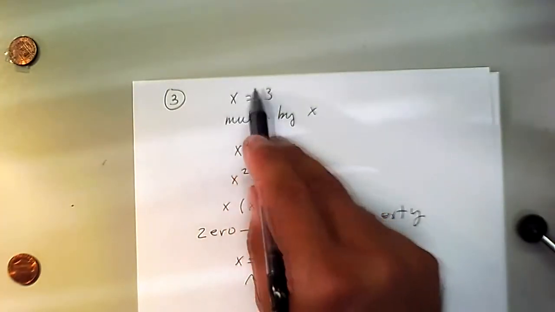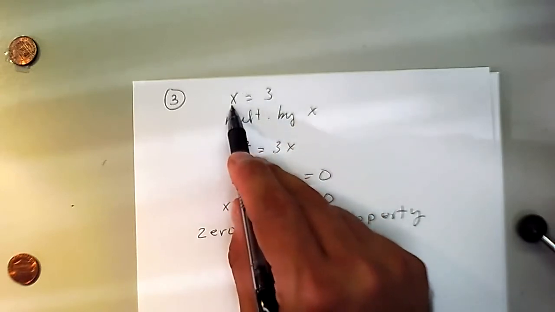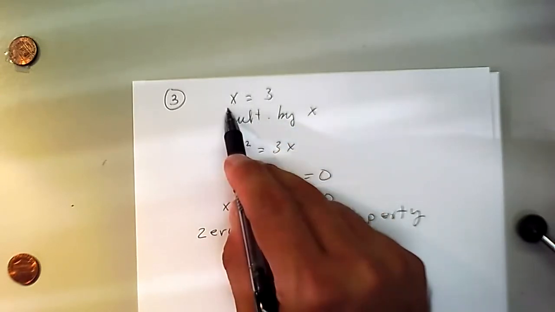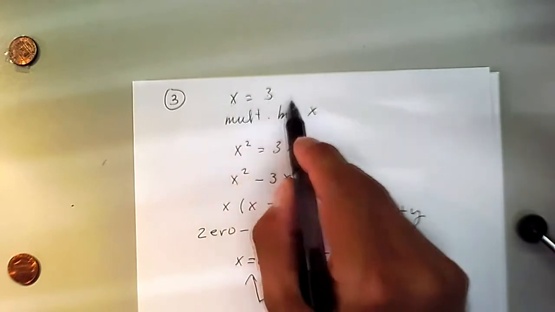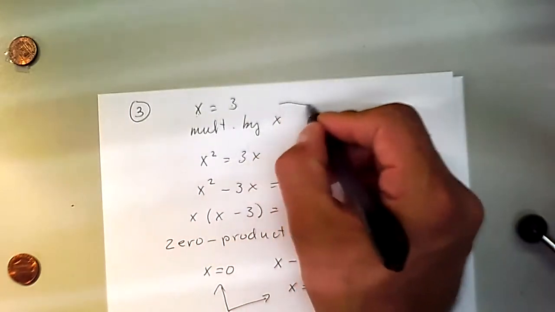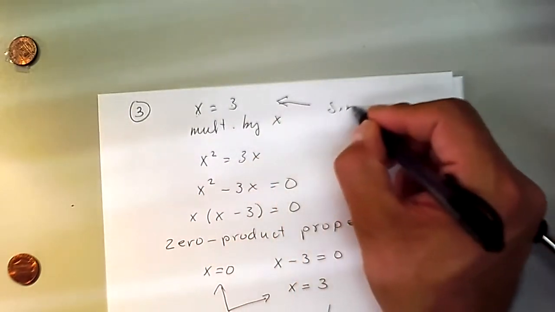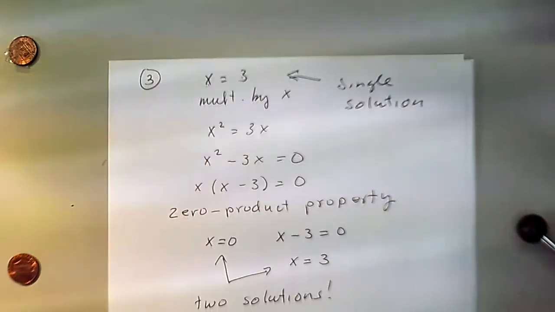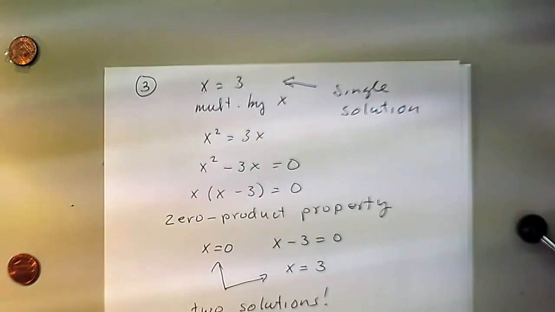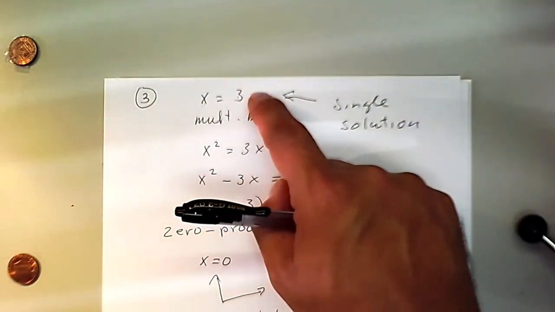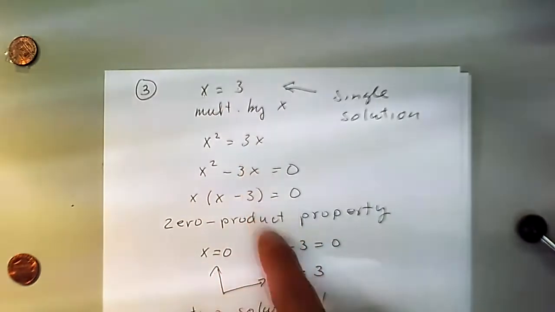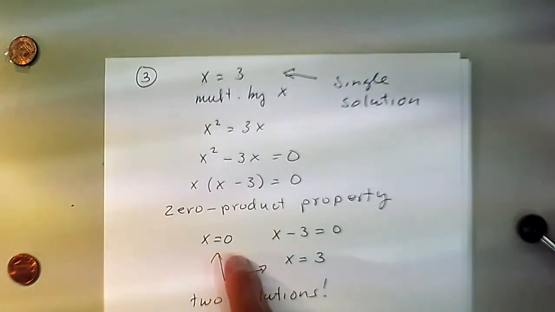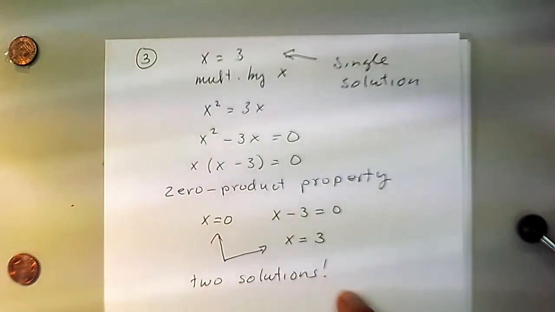What is the only thing that causes this to be true? Well, 3. If x equals 3, this is true. If x is not equal to 3, this is not going to be true. This has a single solution. So it cannot be that this equation has one solution, but then working out the equation, we end up with two solutions. Something is wrong.